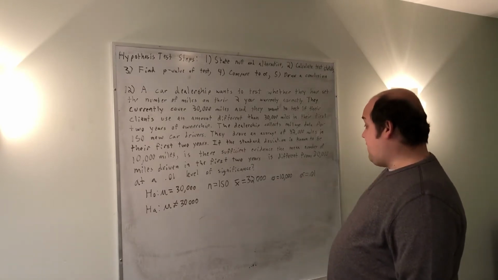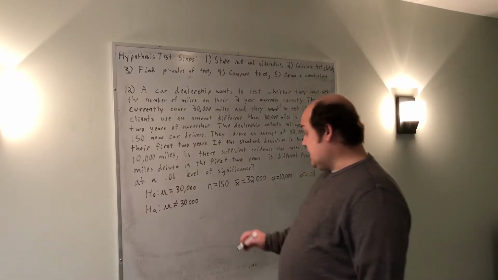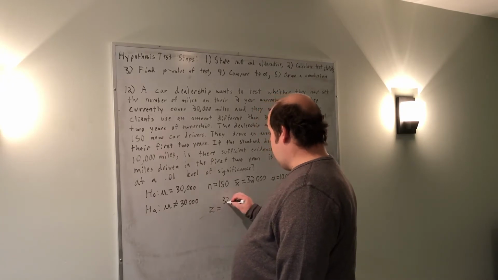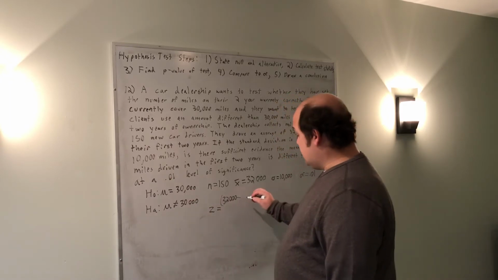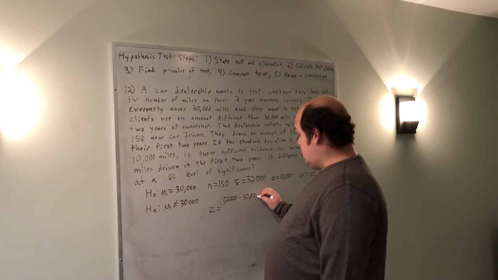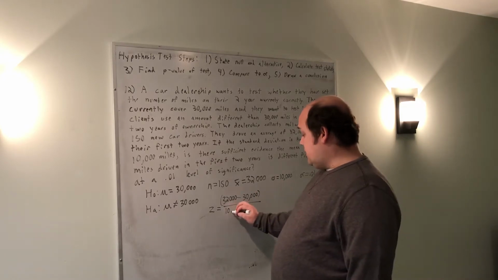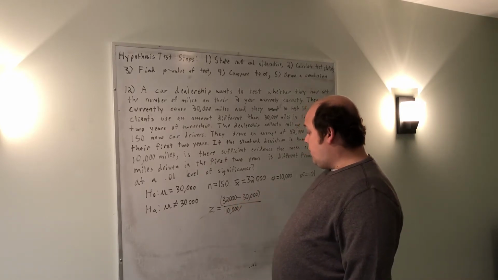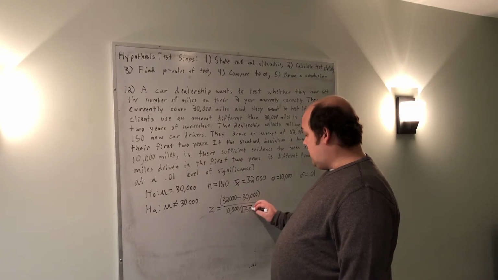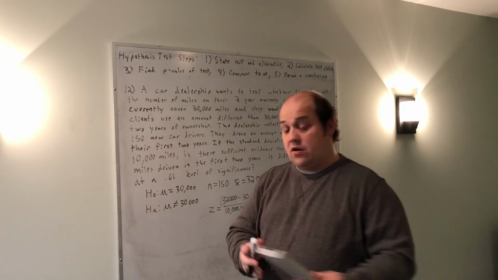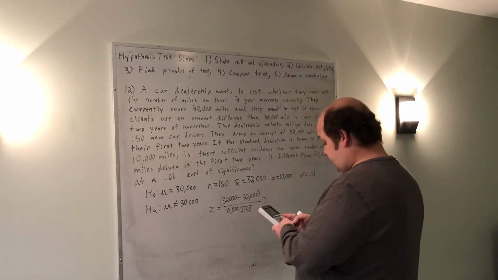So now that I have everything needed to calculate my test statistic, I'm going to calculate it. Z equals x-bar, 32,000, minus the mean under the null hypothesis, 30,000, divided by the given standard deviation, 10,000, over the root of n, 150. I'm going to put all this into my calculator to figure out what the z-score is for the sample.